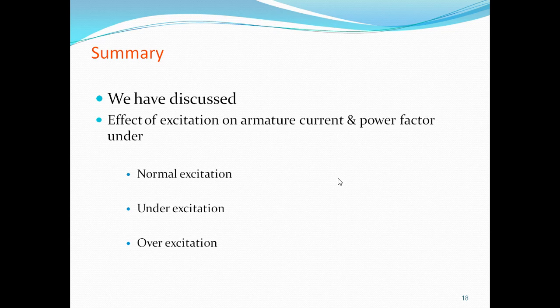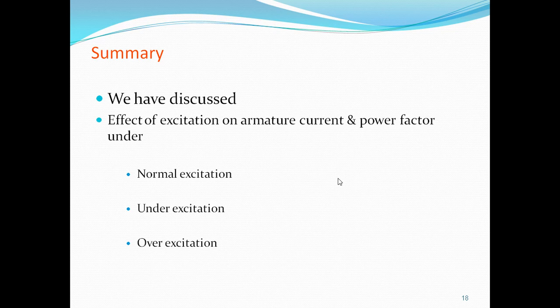Suppose the excitation is increased, then EB is greater than V. Then ER is pulled in the anti-clockwise direction. When ER is pulled anti-clockwise, the armature current is also pulled anti-clockwise, and it is in leading power factor, that is, current leads the voltage.